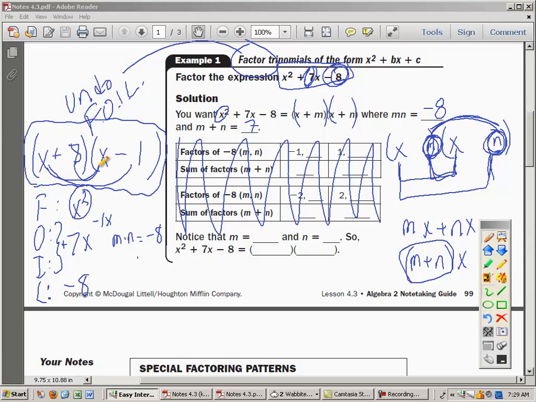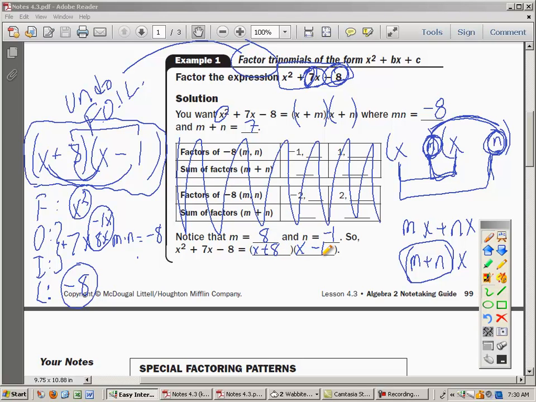And when I do 8 times x, I'm going to get positive 8x. And when I add those two together, guess what I get? 7x. And on the end, positive 8 times negative 1 becomes my negative 8. So notice that m is equal to 8 and n equals negative 1. So then my factors are x plus 8 and x minus 1.